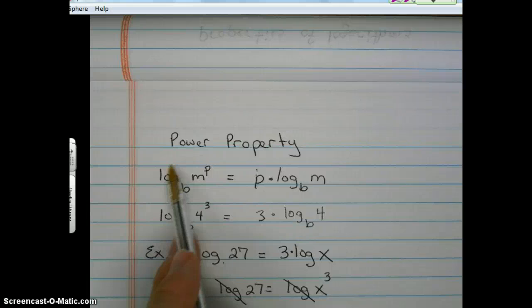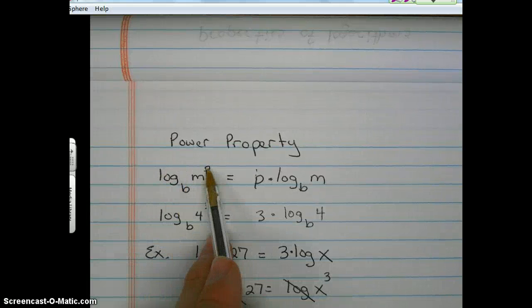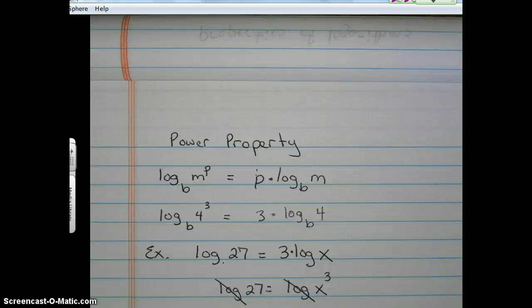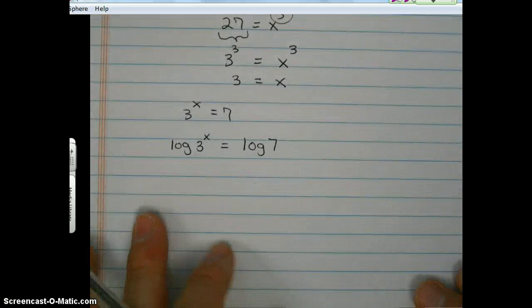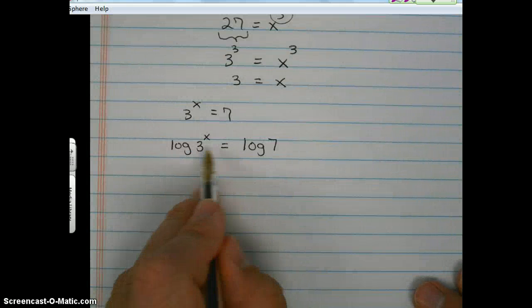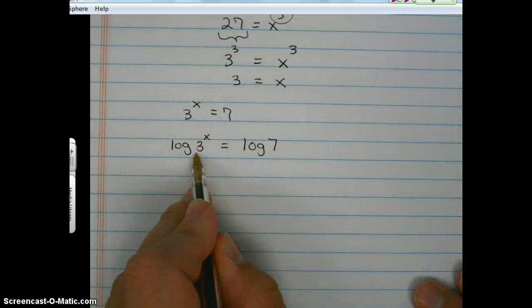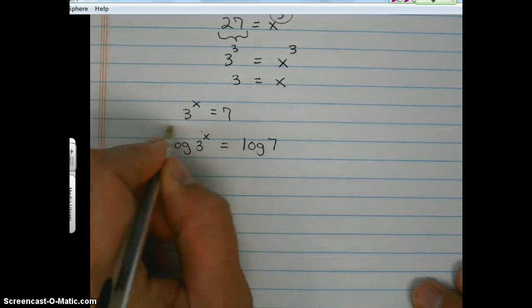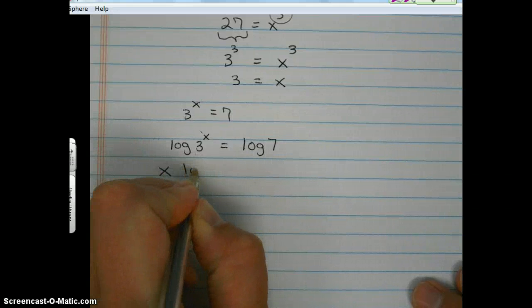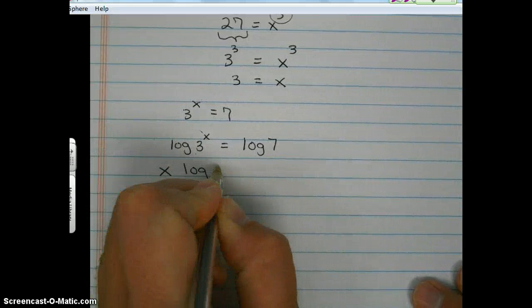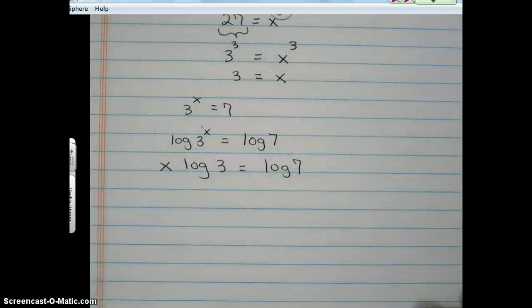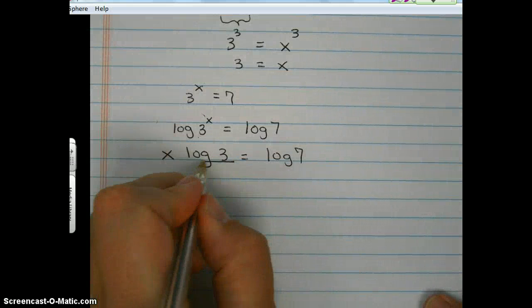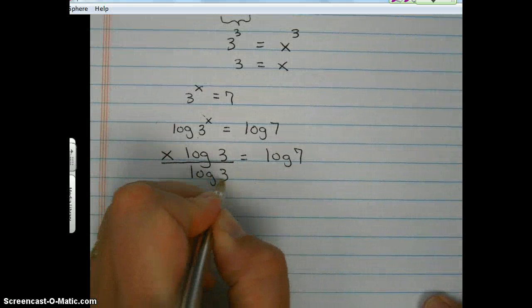When we have an exponent raised to an exponent, that exponent on top, we're going to bring that down front. So if you bring that exponent down front, x times the log of 3 equals the log of 7. We want to solve for x, so we're going to divide both sides by the log of 3.